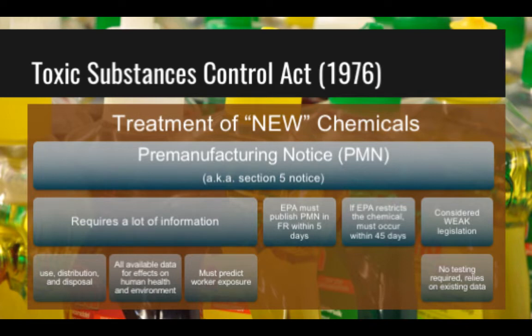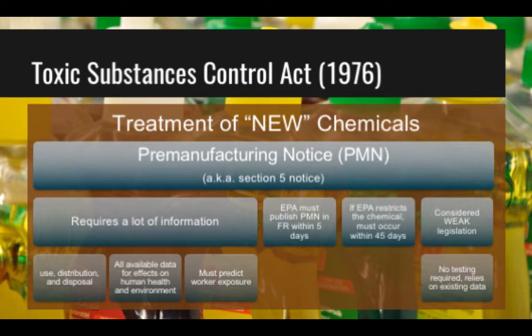TSCA regulation of new chemicals requires a pre-manufacturing notice, PMN, or a Section 5 notice, 90 days before a chemical is manufactured or imported for sale or commercial use.